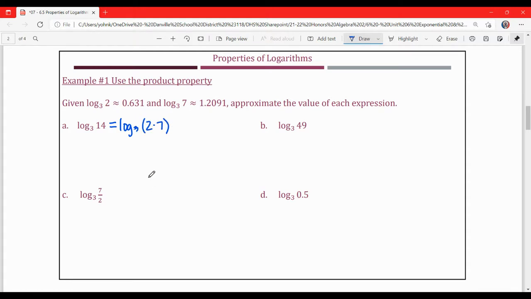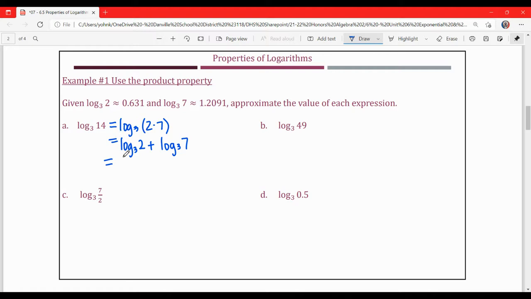Then if we use the product property of logarithms, it says that when you multiply something, you're going to add their logs. So this is log base 3 of 2 plus log base 3 of 7.